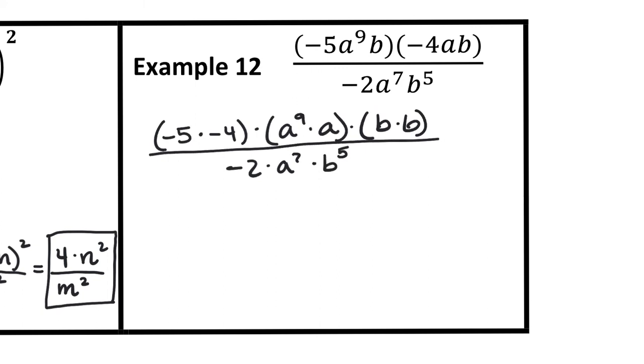Okay. So negative 5 times negative 4 is going to leave me with a positive 20. A to the 9th times a: 9 a's plus 1 more a is a to the power of 10. Times b times b is b squared.